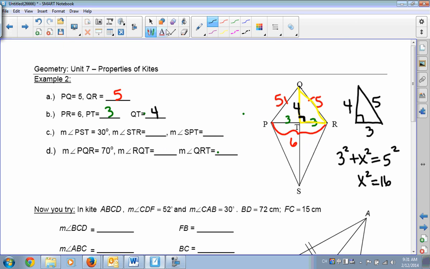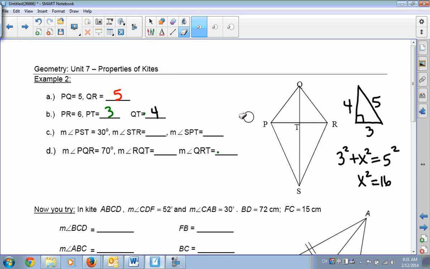Okay, I'm going to go ahead and, on mine, erase all these lengths because now we're going to talk about the angles. Okay. So the measure of angle PST is this guy down here at the bottom, it is 30 degrees. So if that's 30, STR, what's that angle? That's 90.